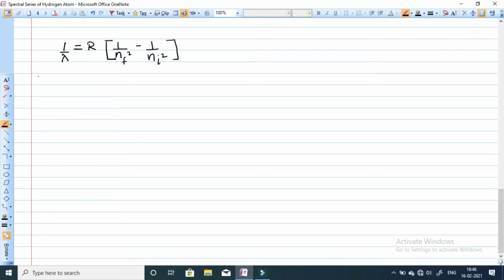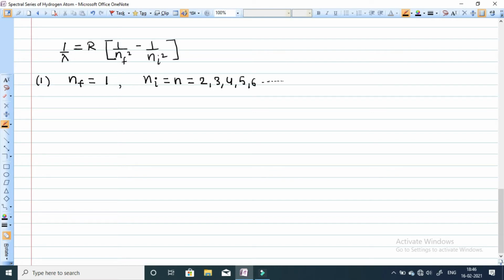First case I am going to explain. Suppose I am taking n final as 1, meaning the electron is finally making a transition to the first energy state of hydrogen, that is the ground state. And initially the electron was in a higher energy state, n initial equal to n, and this value may be 2, 3, 4, 5, 6, like this.